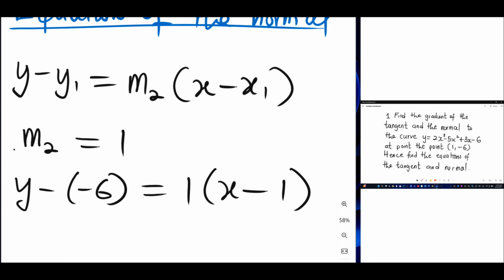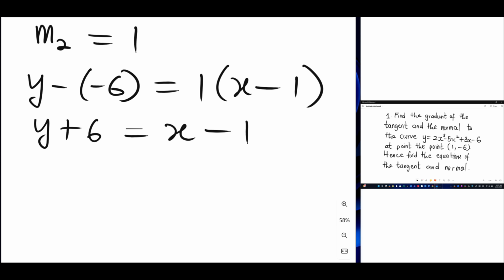So we have y minus negative 6, which gives us y plus 6, all equal to, expanding the bracket, x minus 1. So this will give us y, then we transpose the x, so we get y minus x plus 6.